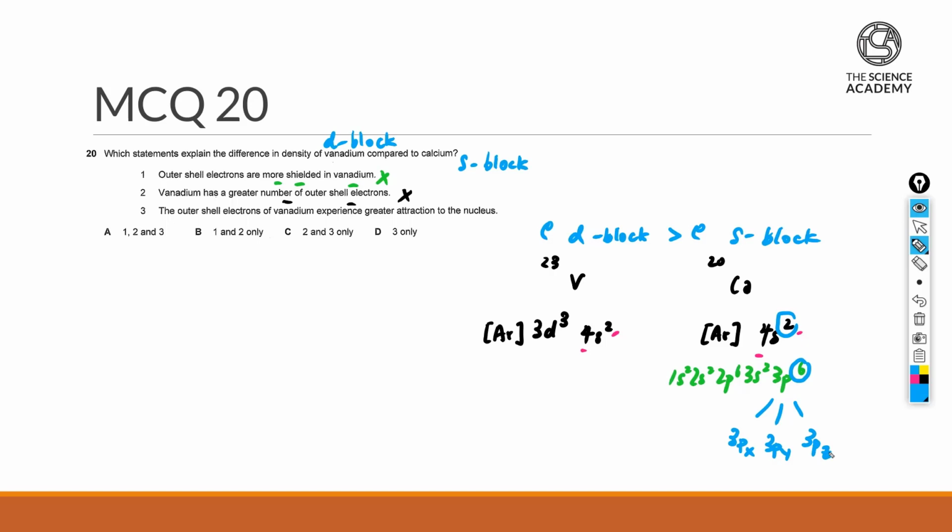Because of that, if it's less shielded, the force of attraction felt from the nucleus is also going to be much lesser, so the valence shell is considered to be further.